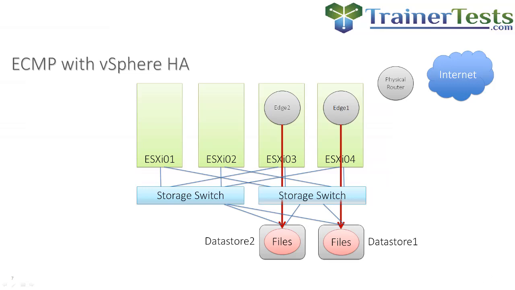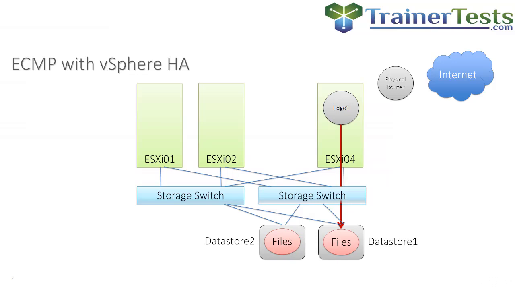So let's assume that the host that Edge 2 runs on fails. Something happens to that ESXi host and it's no longer functioning. Well, the files of that NSX Edge are still intact on the data store. We can see the files for that virtual machine are still sitting there on data store 2 and are accessible to our other ESXi hosts.